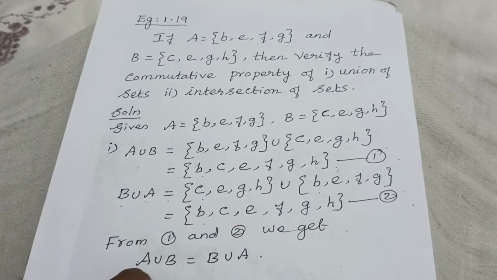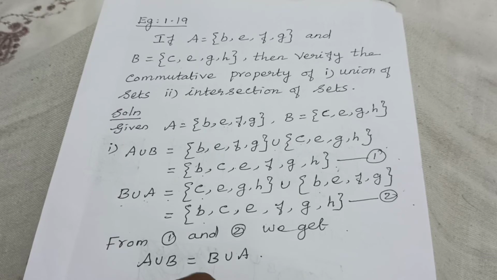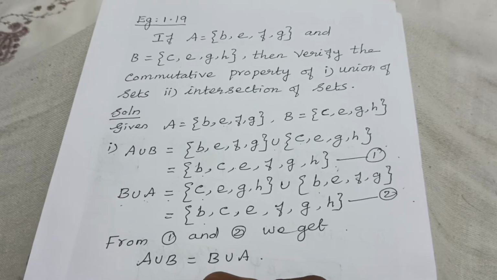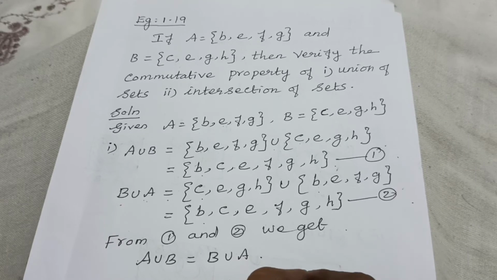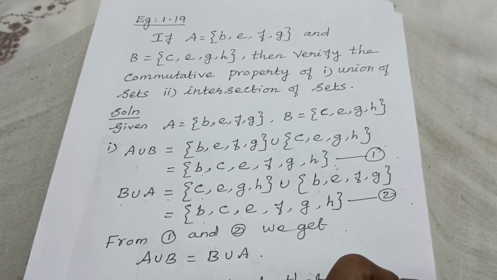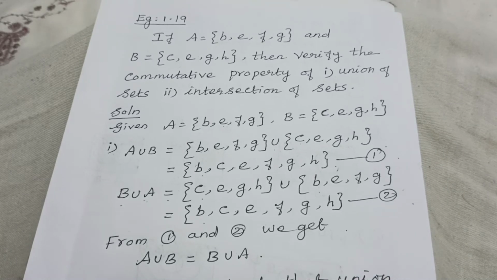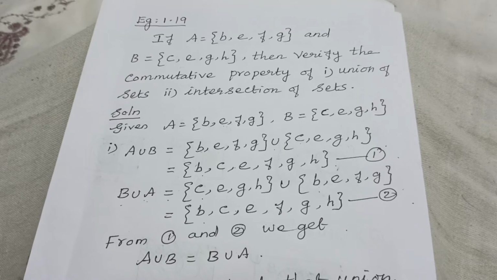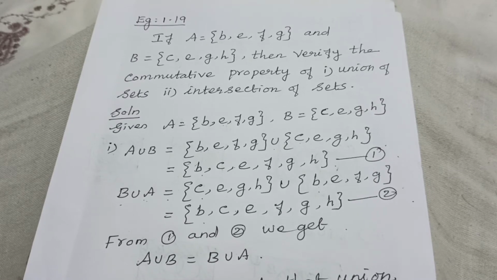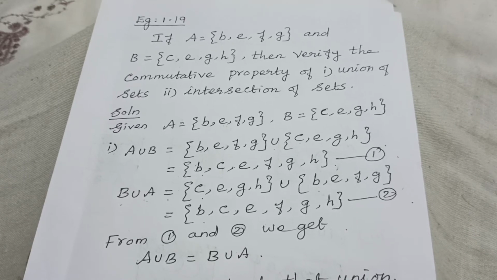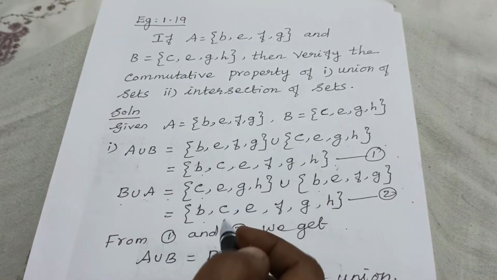It is verified. Verified that union of sets is commutative. Understood? Union is commutative.